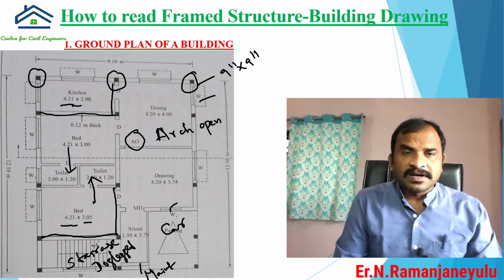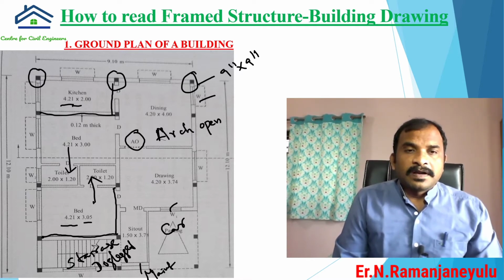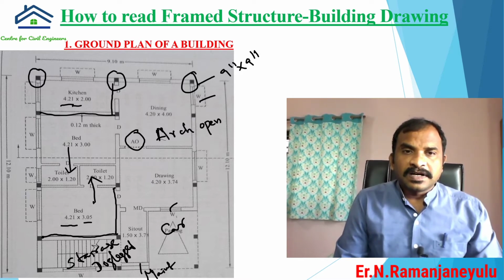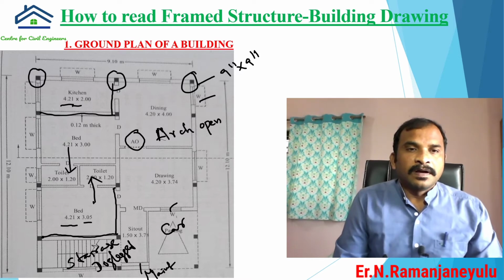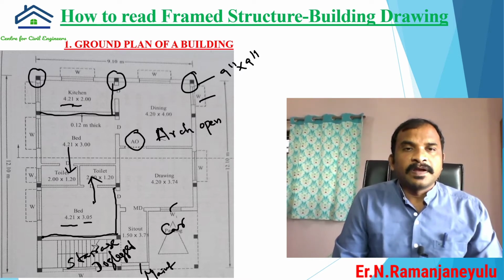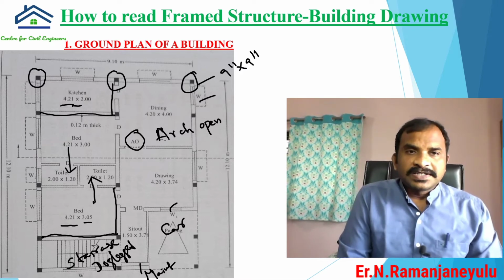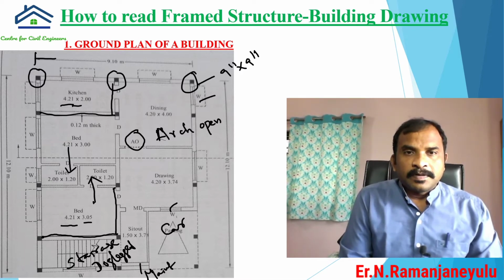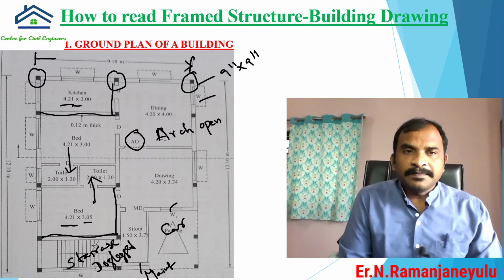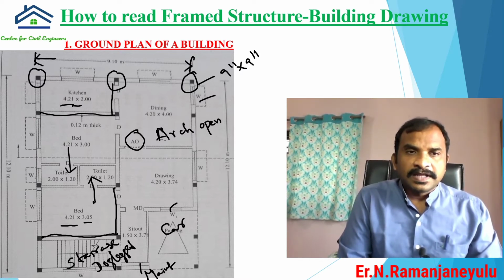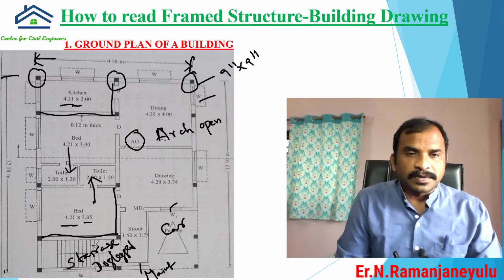Likewise these are the details of length and breadth. Next, here you can see the outer to outer of the building. This is the width of the building. This is the length of the building from here to here.